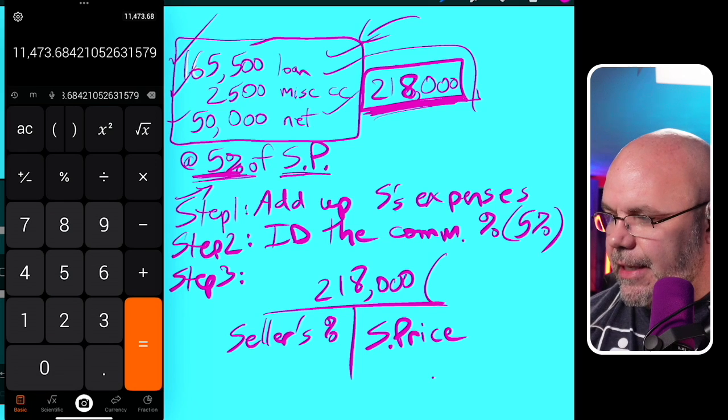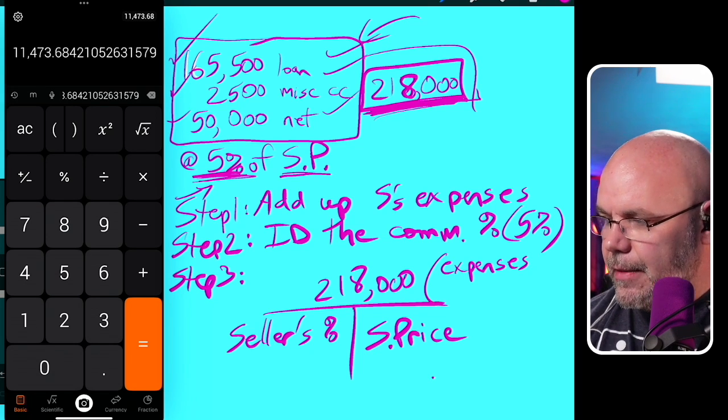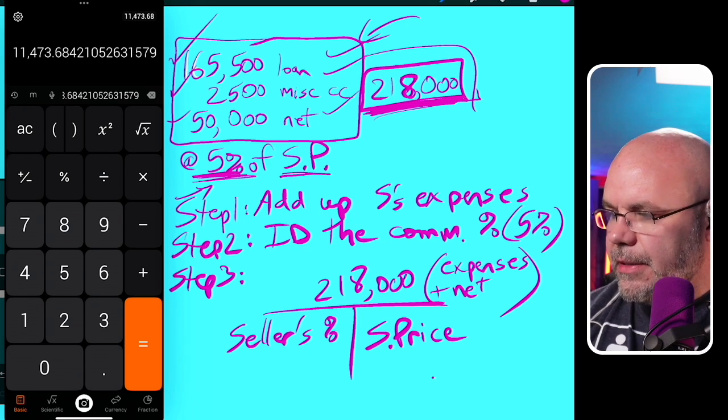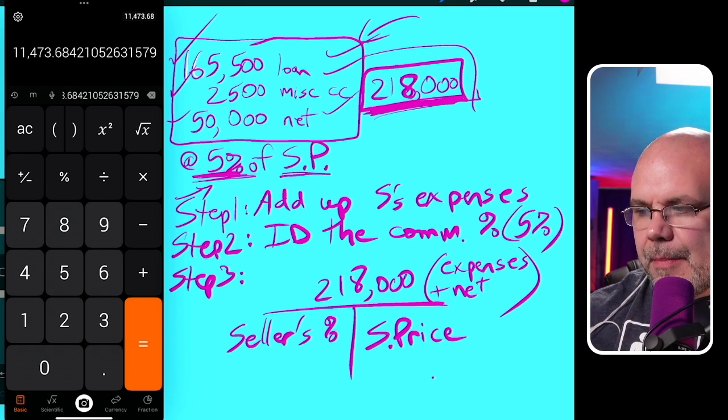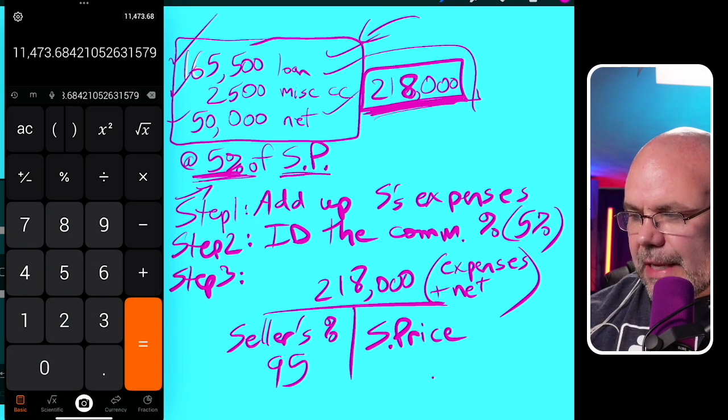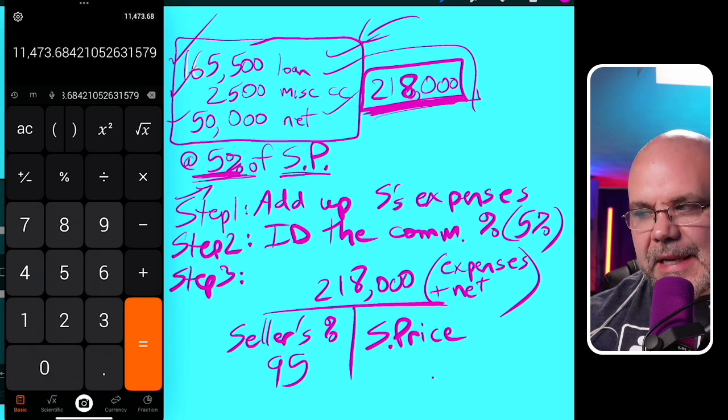Again, the 218 is all of the seller's expenses plus their net that they need to get, the net they're left over with. Seller's expenses plus the net is on top, divided by the seller's portion in a percent, in this case 95%, gives you the sale price they need to sell it for.